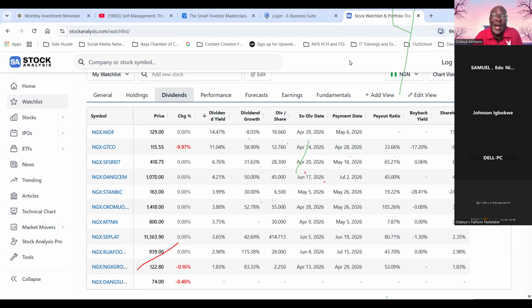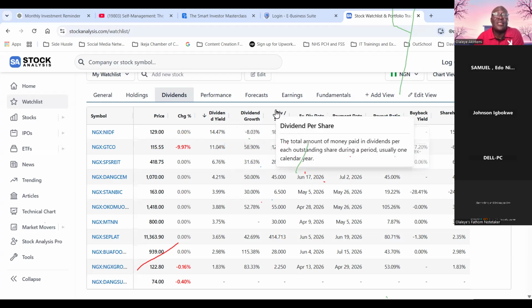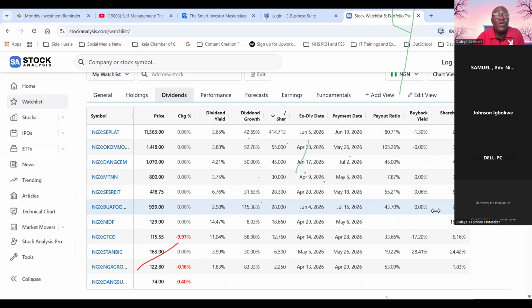Or do you want the ones that pay you 414 naira per share, whereas others may pay you 55 naira per share? So there is no one cap fits all. You just weigh everything against each other. As long as they are doing well, then just buy it.